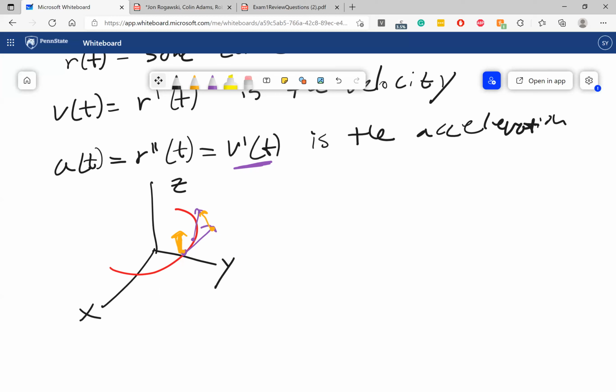So there's only really one type of question that will appear on the test in regard to velocity and acceleration.